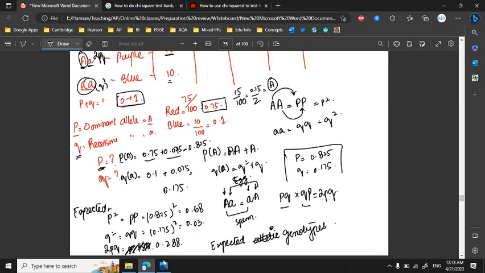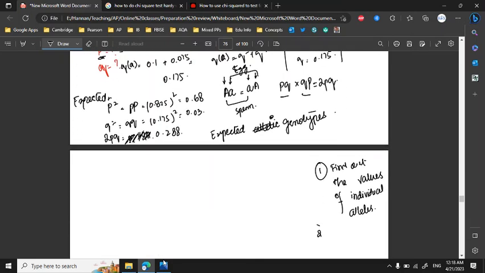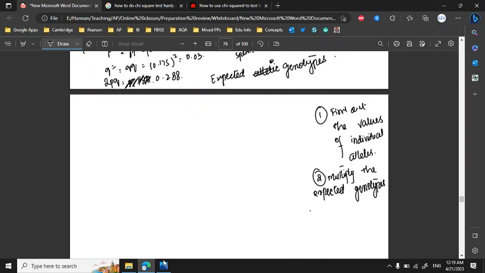The first step is to find out the values of individual alleles, P and Q. Then, when you are done finding the values of individual alleles, you will find the expected genotypes: expected P you would turn to P square and find a value X. Then expected Q square means you would multiply both Q values that you found in step 1.